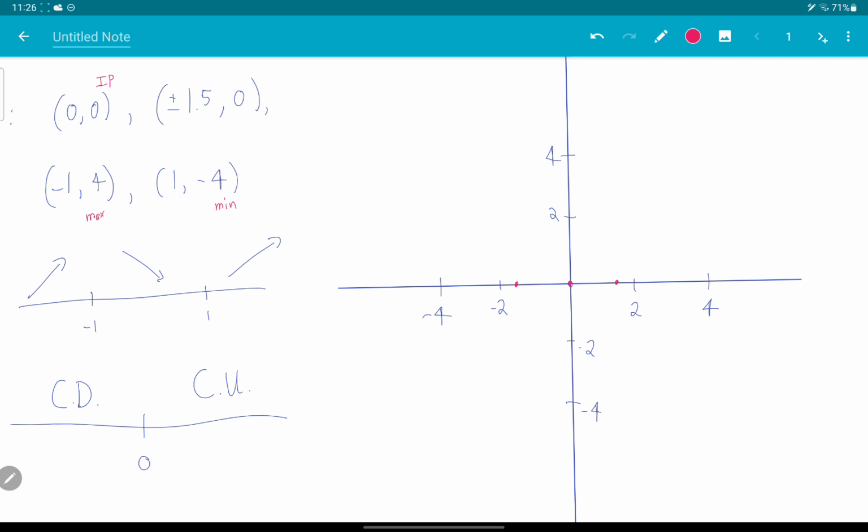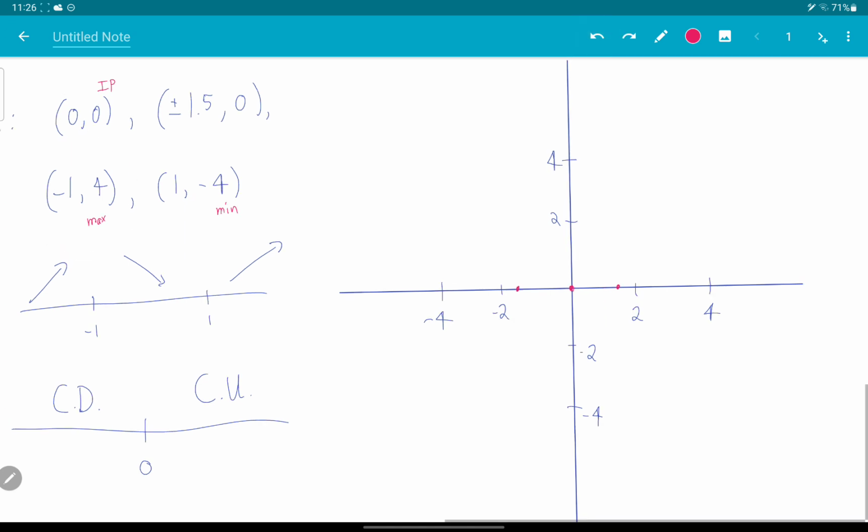Negative 1, 4. Doesn't have to be perfect. And then 1 and negative 4. Right about there.